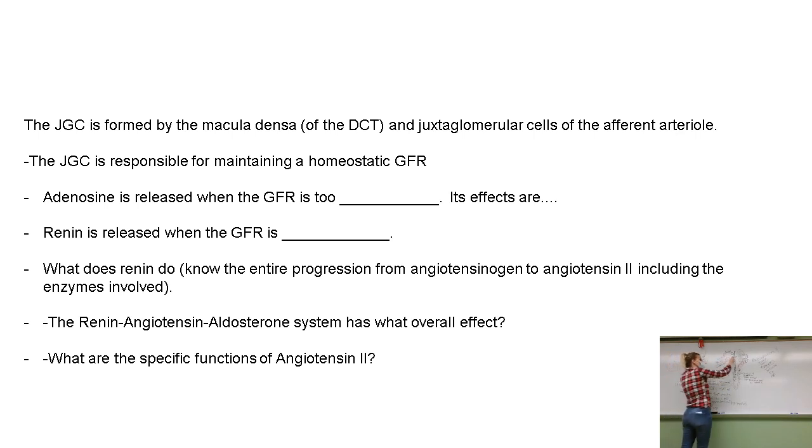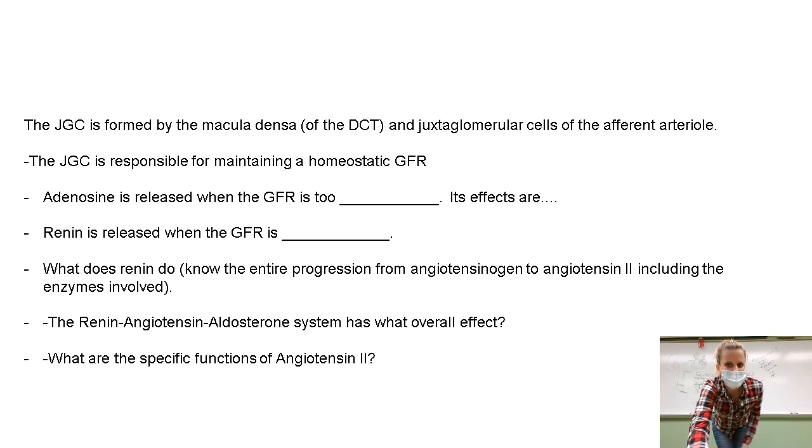The distal convoluted tubule, there's a reason that I draw the tubule this way, right? The distal convoluted tubule goes through this area right here. And in this area, we have a complex called the juxtaglomerular complex.